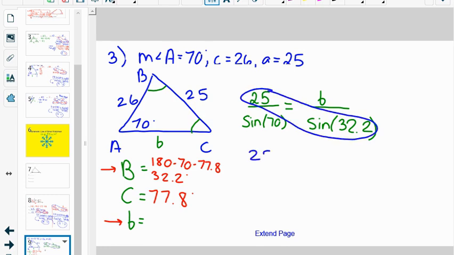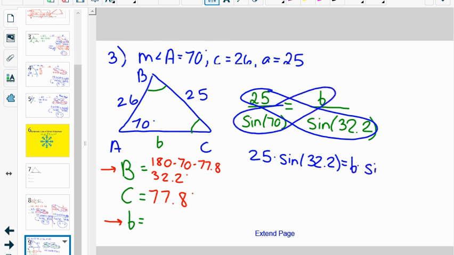25 times sine of 32.2 equals, cross multiply these, B times sine of 70, and then divide sine of 70 to move it to the other side.